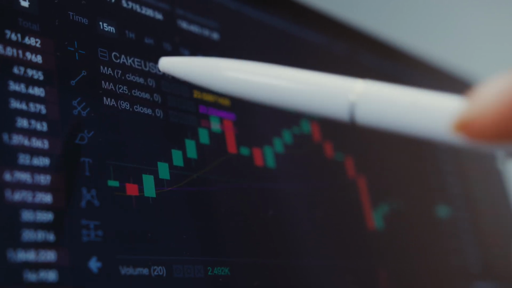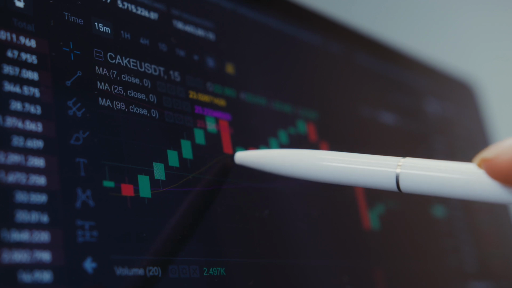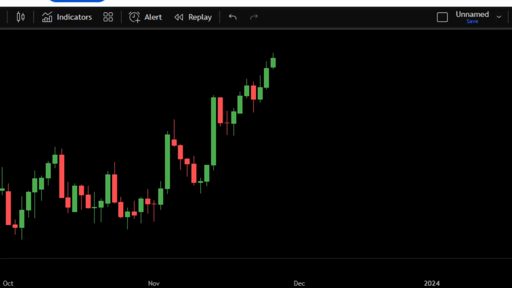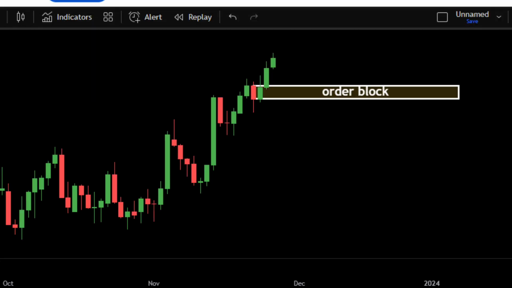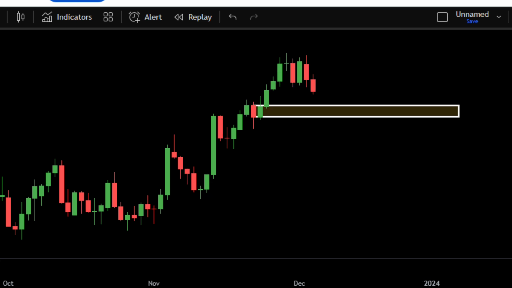Once we've identified a valid order block, here's how we actually trade it. Steps to enter. 1. Wait for the price to return to the order block zone. 2. Look for confirmation.